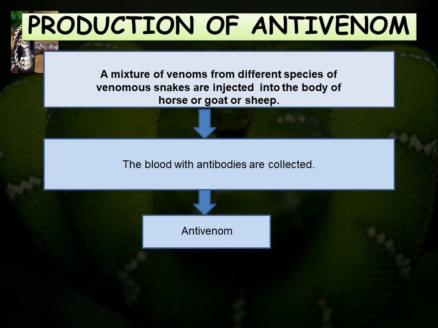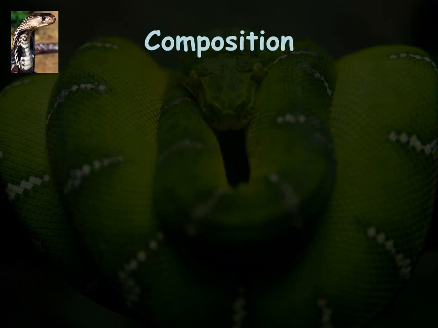The reason is simple, because these are all equine or goat or sheep variety antivenoms. Because the proteins of these animals are involved, sometimes these proteins act as a triggering factor for hypersensitivity reaction. So this is the reason that sometimes we get hypersensitivity reaction, because they are produced from a different species.